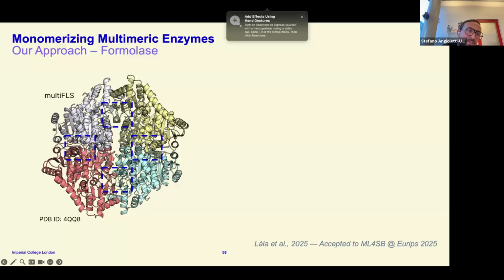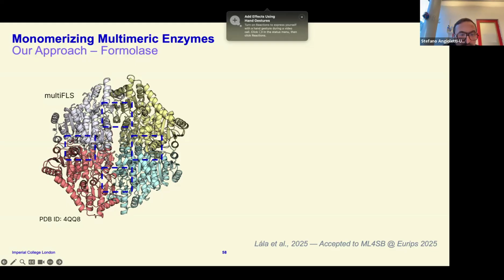Now, in formolase, the catalysis occurs exactly at the interface between different chains. Formolase is a tetramer, so you have 4 different chains that come together and form this beautiful structure. The catalysis occurs exactly in this region described by these rectangles here.